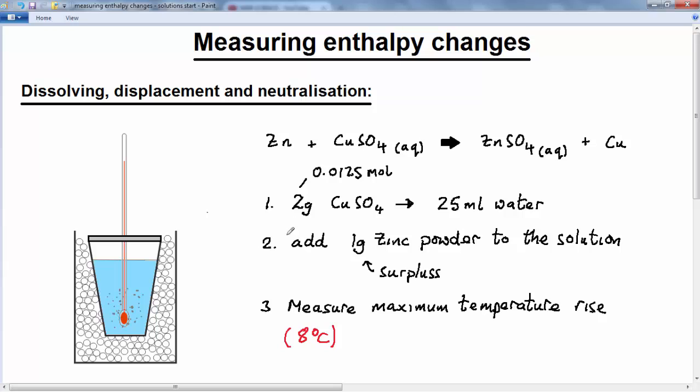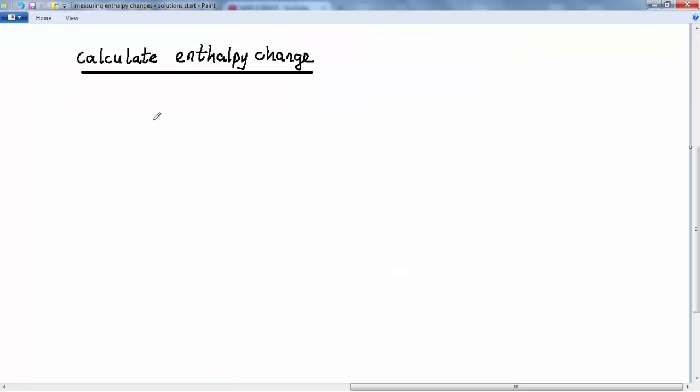So we've just got to do another rule of 3 to work out the total enthalpy change. So as I just said, 0.0125 moles of zinc will displace 0.0125 moles of copper from the copper sulfate, releasing 840 joules of energy.